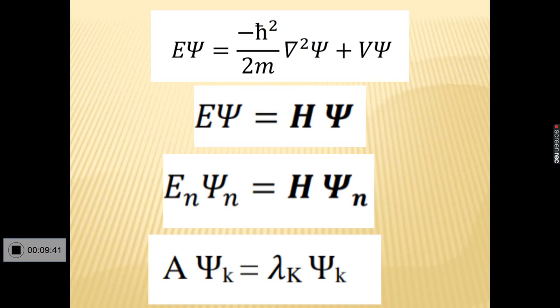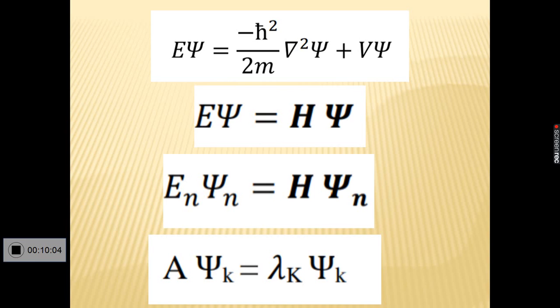The general eigenvalue equation for an operator A can be written like this: operator A operating on the wave function psi k gives a scalar quantity lambda k times the same wave function psi k.